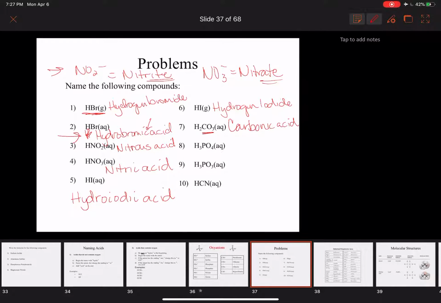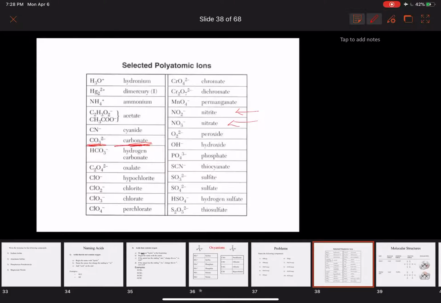Number 8. We've got oxygens there, so we want to identify the anion. And we don't want hydro on the front, but let's figure out whether we have ic acid or ous acid on the end. So let's look for PO4. PO4 is right here.